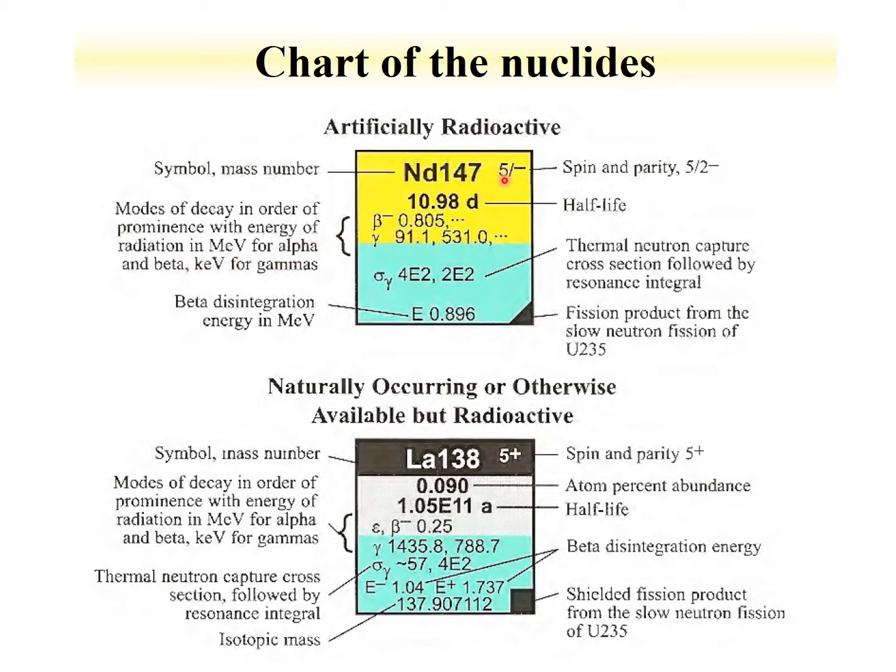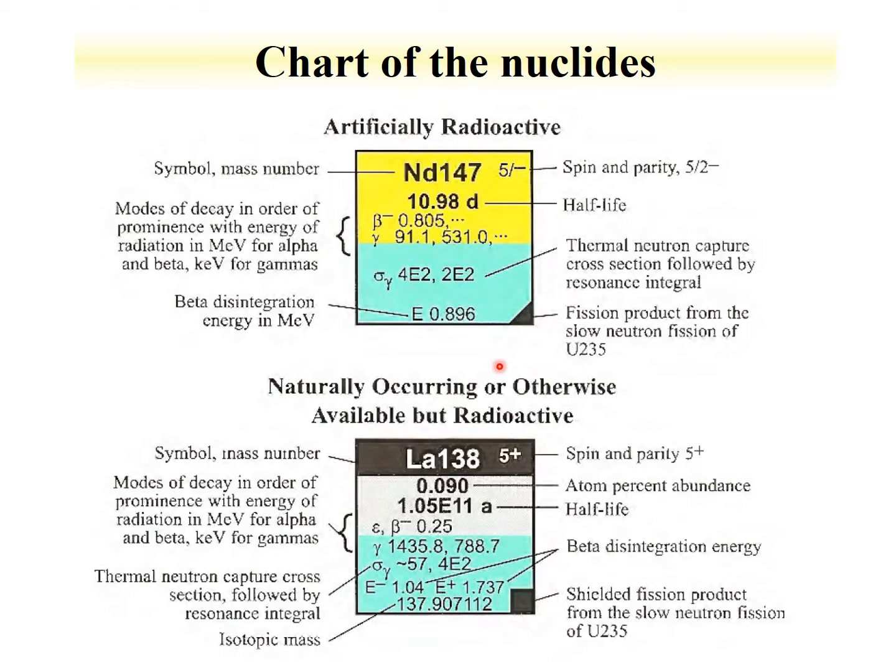So this decays with an energy of 0.805 MeV beta. So beta is listed here. The gamma is 91.1 keV. Then the cross-section information and the beta disintegration energy. As you see, the beta disintegration energy is a little bit higher than the beta decay energy, so some of the energy is going elsewhere, possibly to a gamma decay.